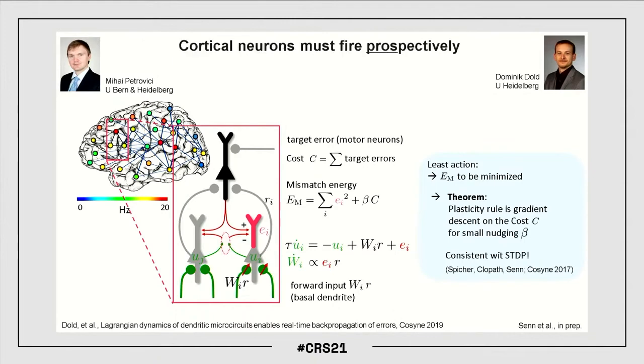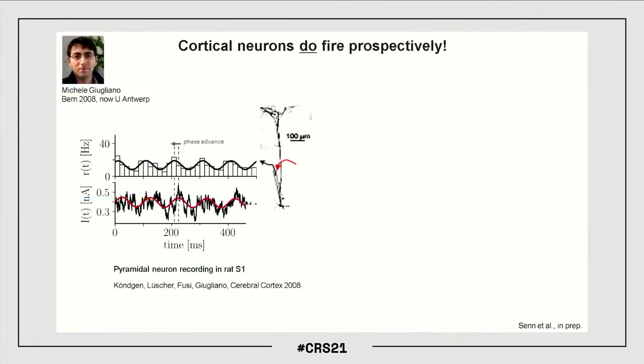And if you look at the real neurons, also experiments done in Bern at that time with Michele Giugliano and Stefano Fusi, if you look at these pyramidal neurons, they in fact do have a prospective coding. If you inject noisy currents here into those neurons and record the spike train, you will see a phase advance, telling that they're looking into the future.